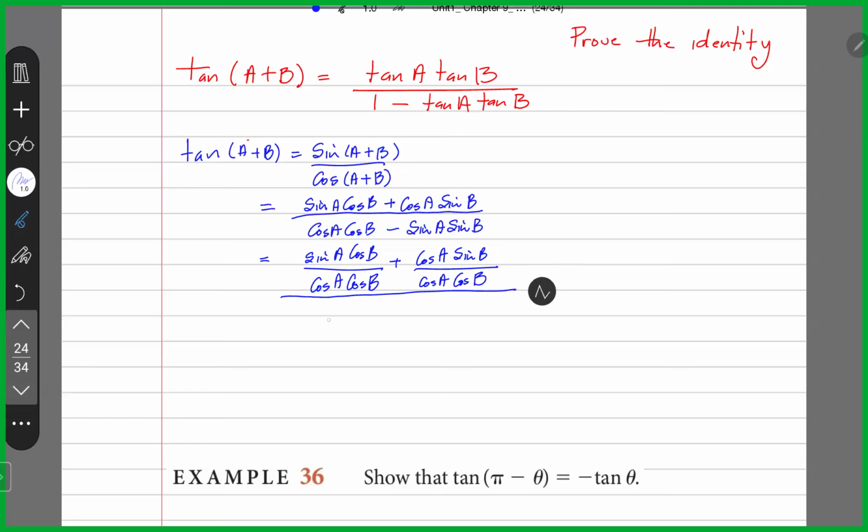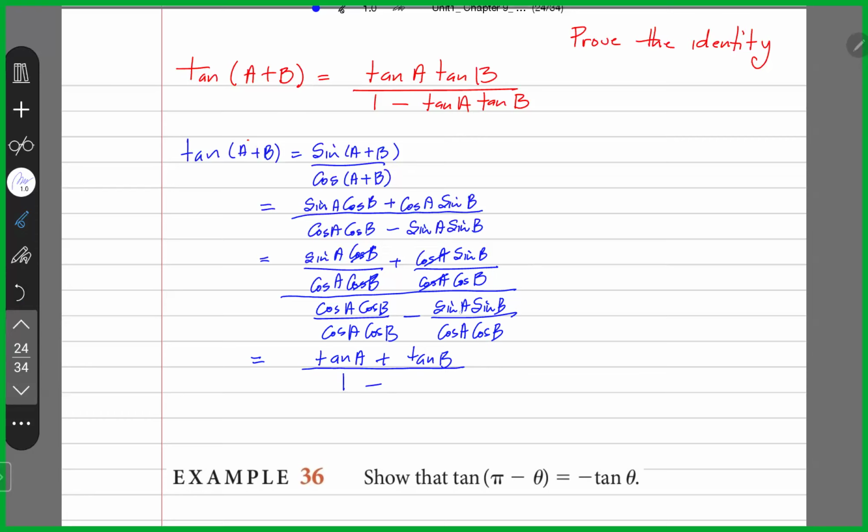This is cos A cos B divided by cos A cos B minus sine A sine B divided by cos A cos B. So what we'll end up with, on the left in the numerator, is tan A, because cos B cancels cos B, and cos A cancels cos A. So this is plus the tangent of B, and this is all over 1 minus sine A over cos A, which is tan A, and sine B over cos B, which is tan B.